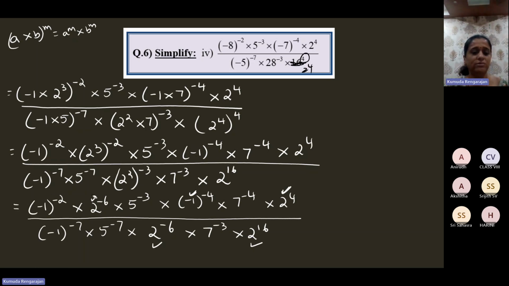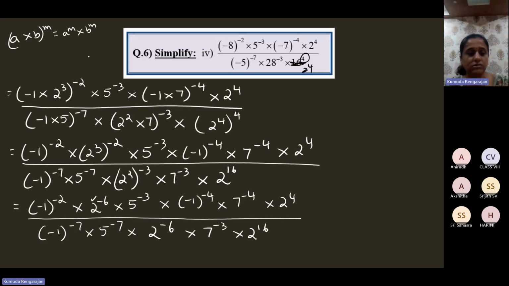Bases are the same, multiplication, add the powers. The others, we'll write them as they are. So the numerator will have minus 1, the powers are minus 2 and minus 4.